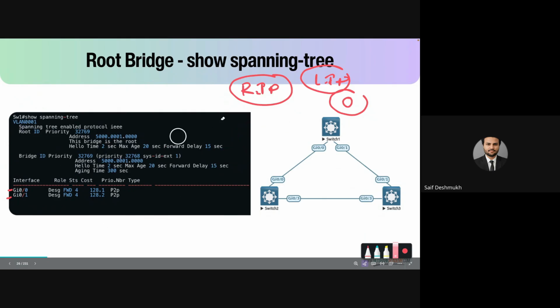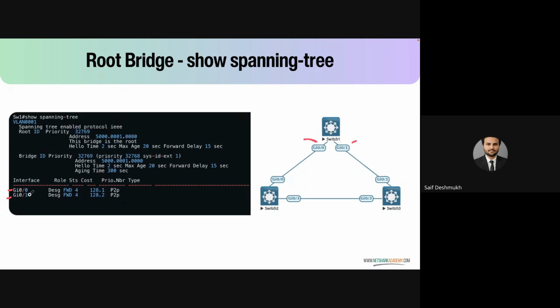What else we got? Switch 1 is saying, I have two interfaces, 0/0 and 0/1. The role is designated port, and both of them are in forwarding state. This is not a root cost, this is a local interface cost: 4 and 4. Priority, look at this, 128. Because the first interface is 1 and this is 2, the BPDU that we are sending towards switch 2 is going to have 128.1 priority.